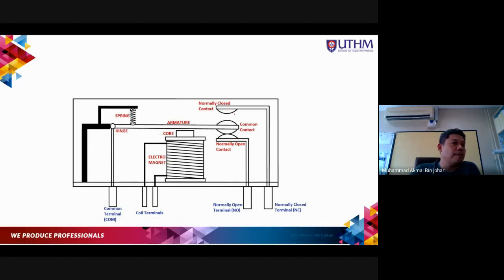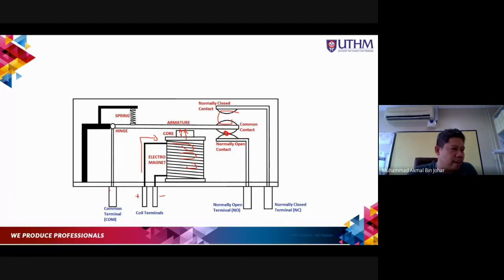This is the area that gives you the off state. When you apply voltage here, positive and negative, current will start flowing inside the coil, so a magnetic field will be produced and pull the armature, making contact in this region.